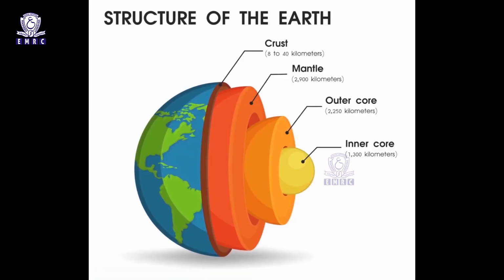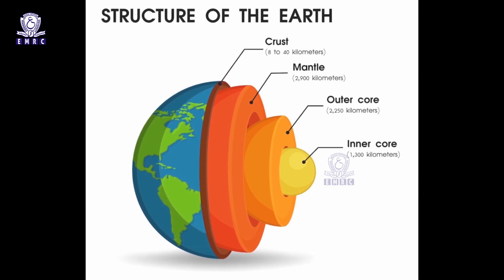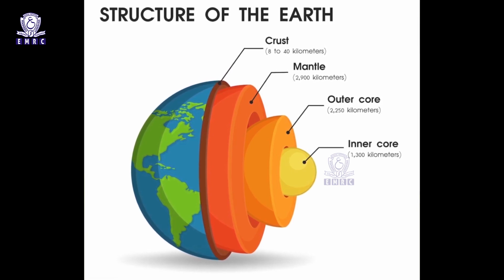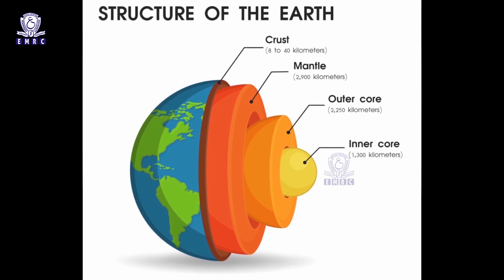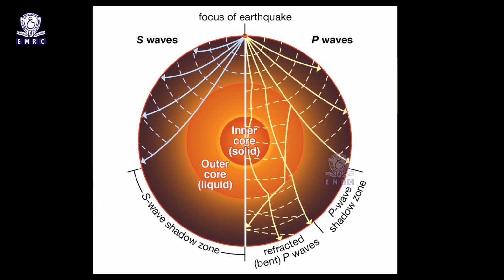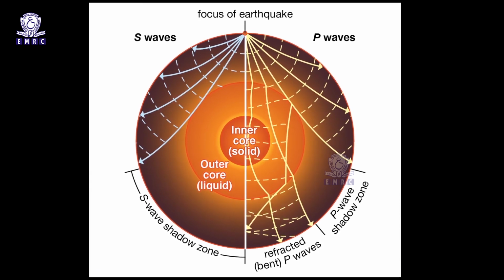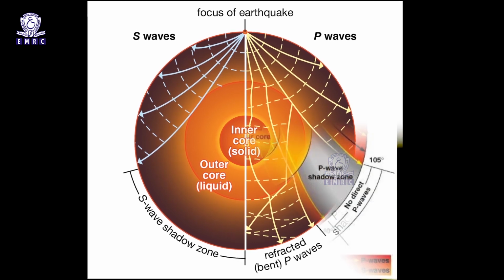The core is divided into the outer core and the inner core. The dividing line lies at a depth of 5150 kilometers. The S waves, which can pass through only solid matter, suddenly disappear at a depth of 2900 kilometers.